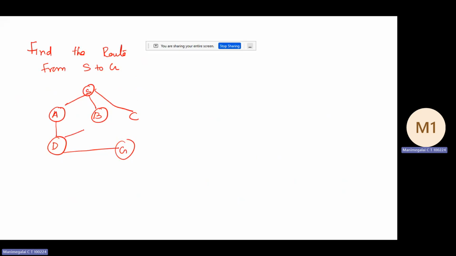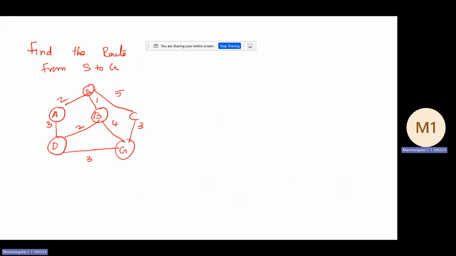This one is connected, this is connected, this is connected. Assume like this. Here I will give some weights. These are all weights: 5, 3, 1, 4, random weights I am assuming, or it has been given in the problem.